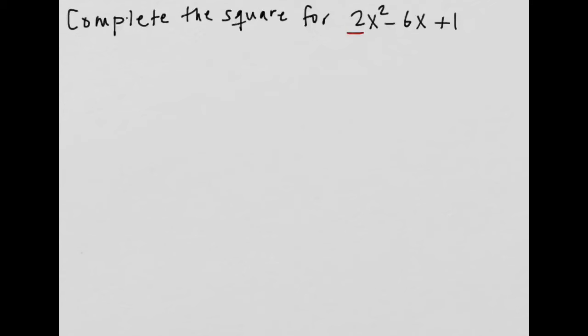The first step is to write 2 times (x squared minus 3x plus 1/2). So simply factor out the 2 to make sure that the coefficient of x squared is 1.